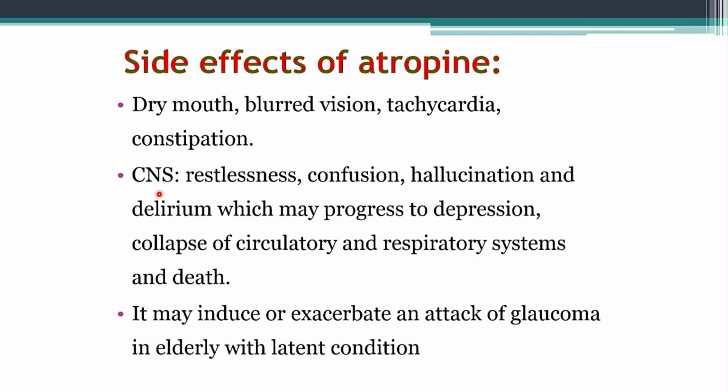On the central nervous system, it may produce restlessness, confusion, hallucination, and delirium, which may progress to depression, collapse of the circulatory and respiratory systems, and lastly, death. It may induce or exacerbate an attack of glaucoma in elderly patients with a latent condition.